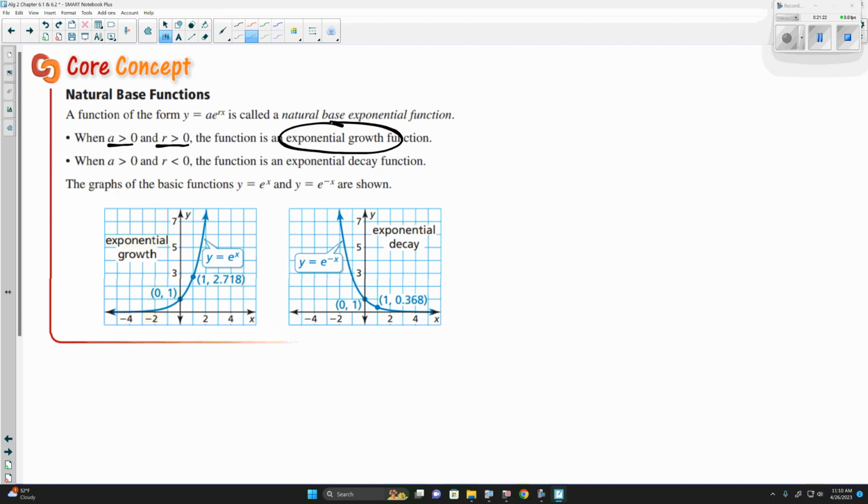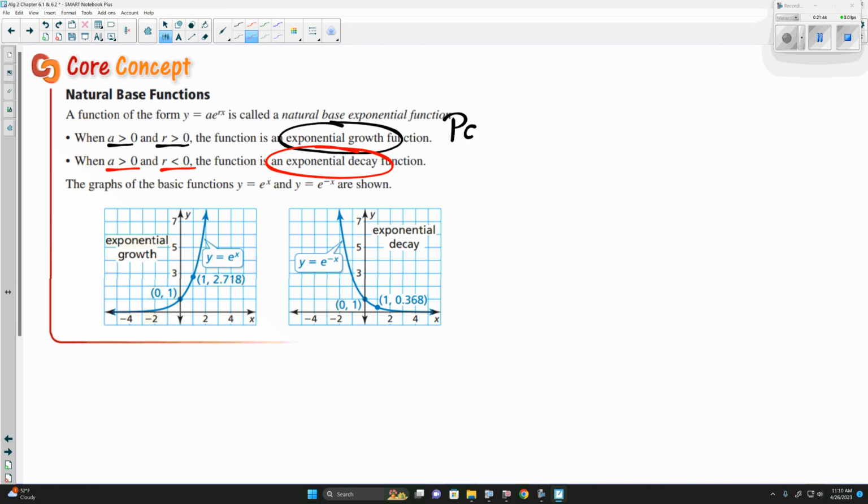When the number in front of e is greater than 0, and the number with x in the exponent is less than 0, it is decay.